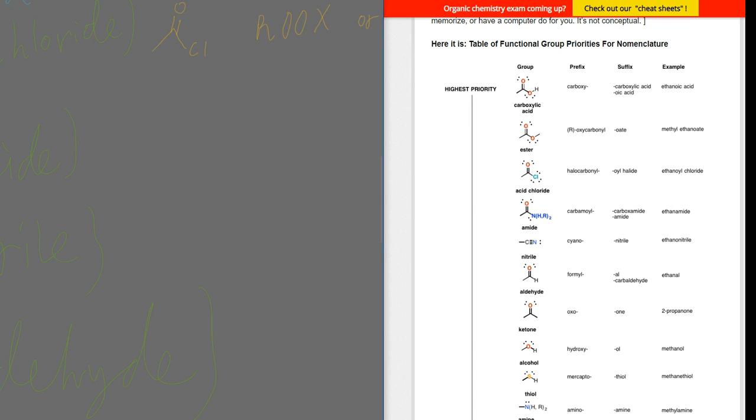Amide. So this is gonna look like, technically, there are different amides.